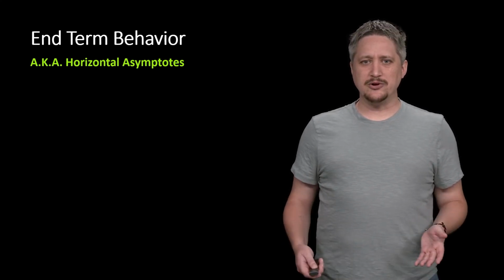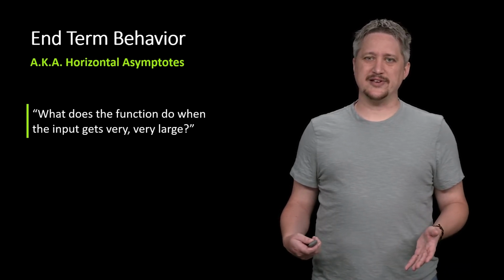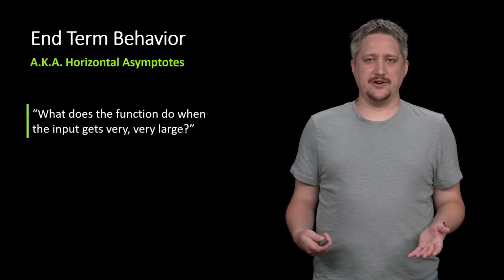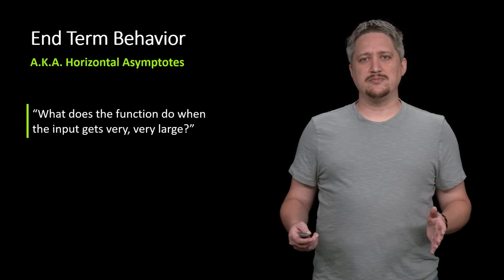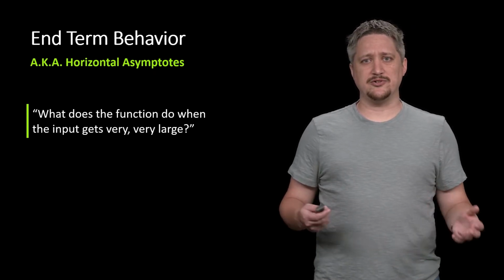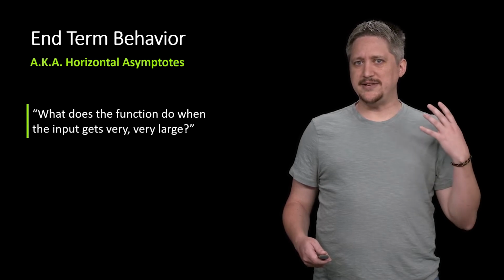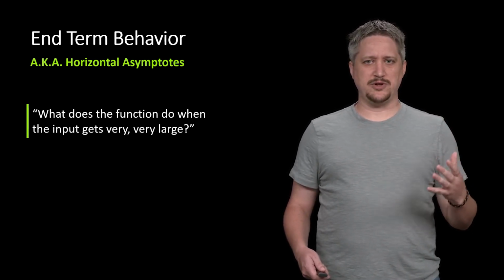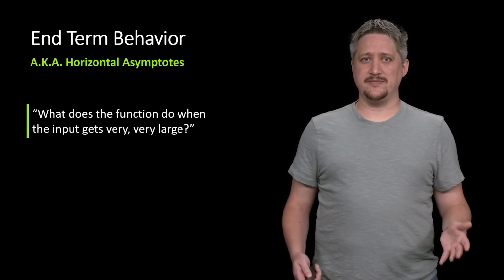So when you learned it as end-term behavior, usually the way it's introduced is this idea of what does the function do when the input gets very, very large, right? At this point, though, now that we have limits under our belt and we understand what limits are, this should be pretty familiar, right? In fact, when we did limits at infinity, this is exactly that kind of idea.